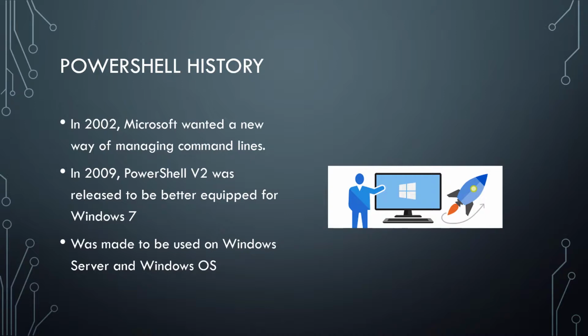So they kept iterating over it, teaching people about it. In 2009, PowerShell came out with version 2, which is what everybody is used to and likes to use now, with Windows 7, Windows 10 even.